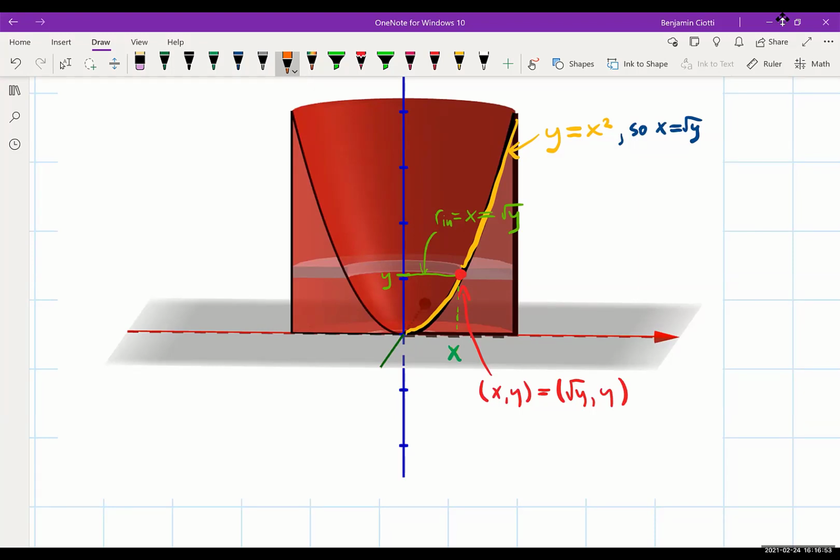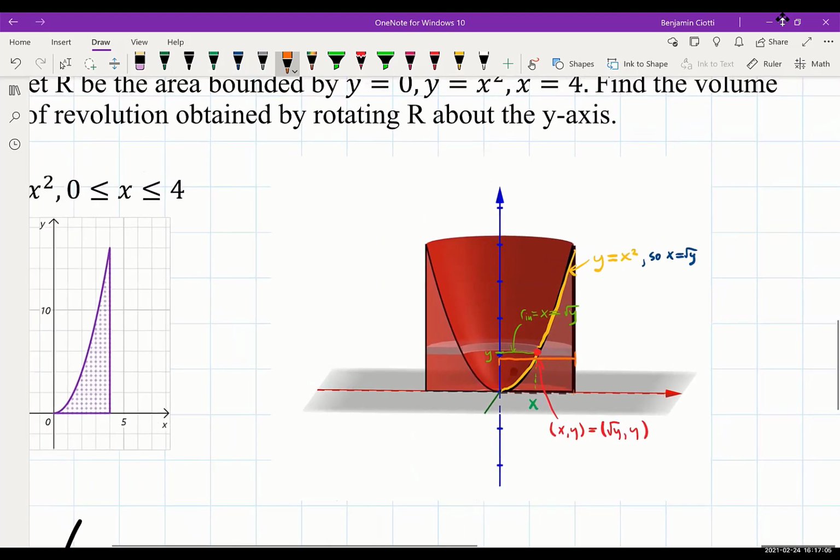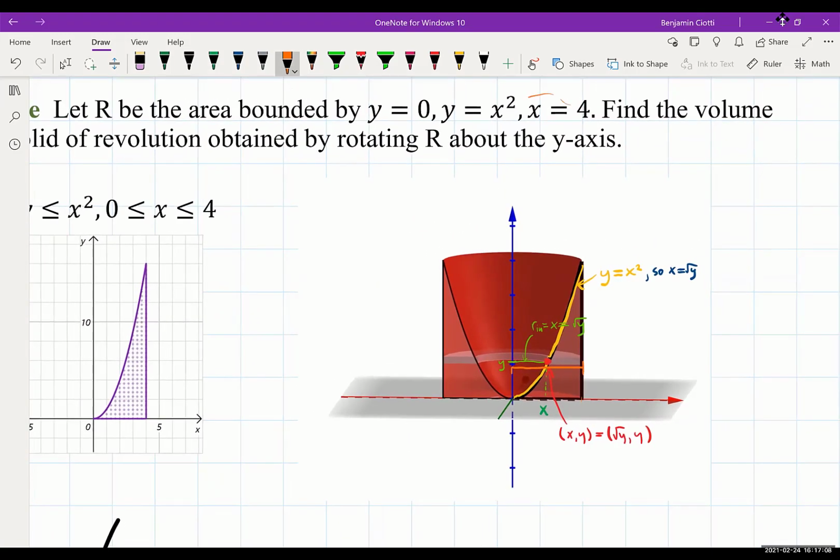Our outer radius will be the distance from the y-axis to this line, which, if you remember what the problem said, is where x is equal to 4. So our outer radius is just constantly equal to 4. It actually never changes.